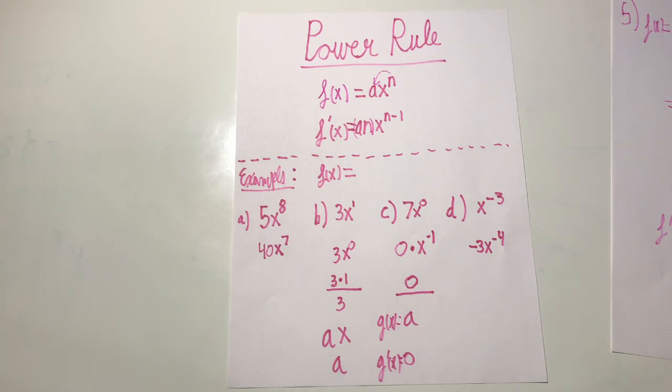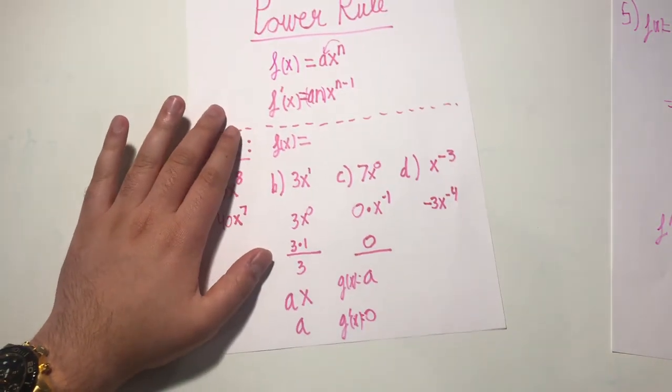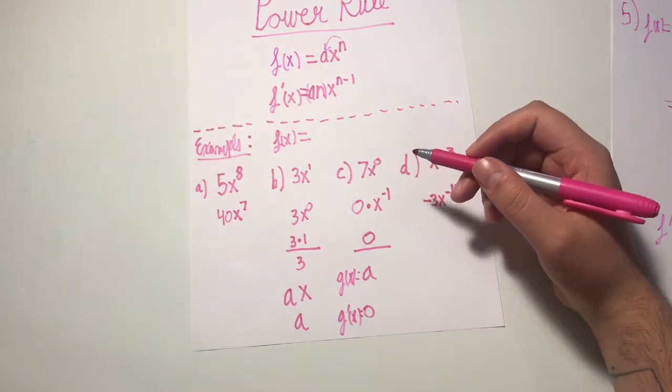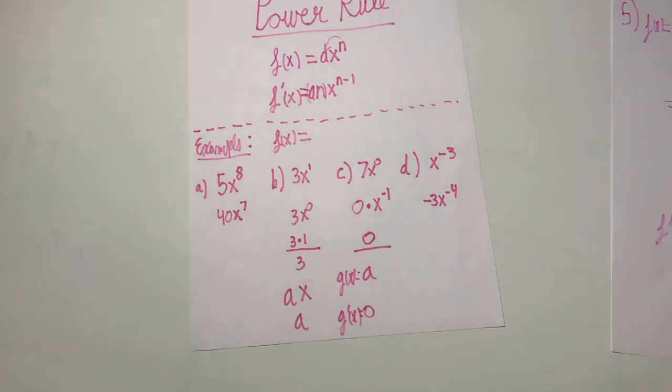And two last things, the shortcut methods. Anytime you have a number times x, the derivative of that is just the number. So the derivative of 8x is 8, the derivative of 100x is 100, the derivative of negative 4 thirds x is just negative 4 thirds.